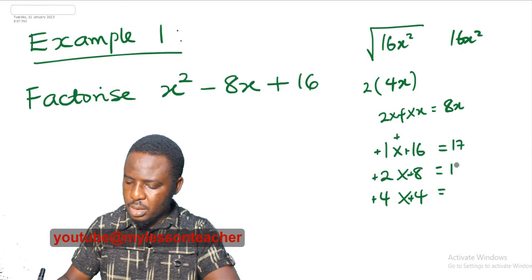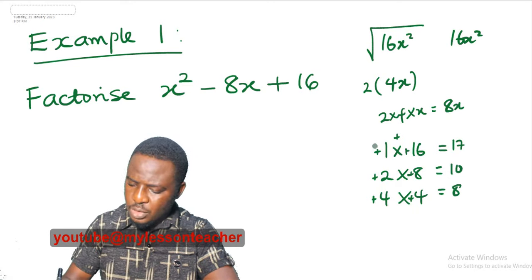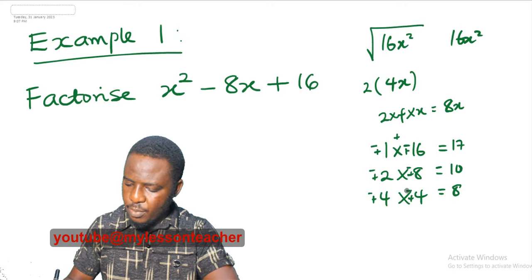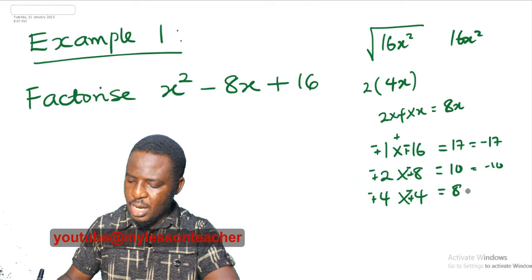This is 10, this will give us 8, so none is giving us minus 8. But what if we decide to use negative in all of them? What happens? This becomes minus 17, this is minus 10, and this is minus 8.